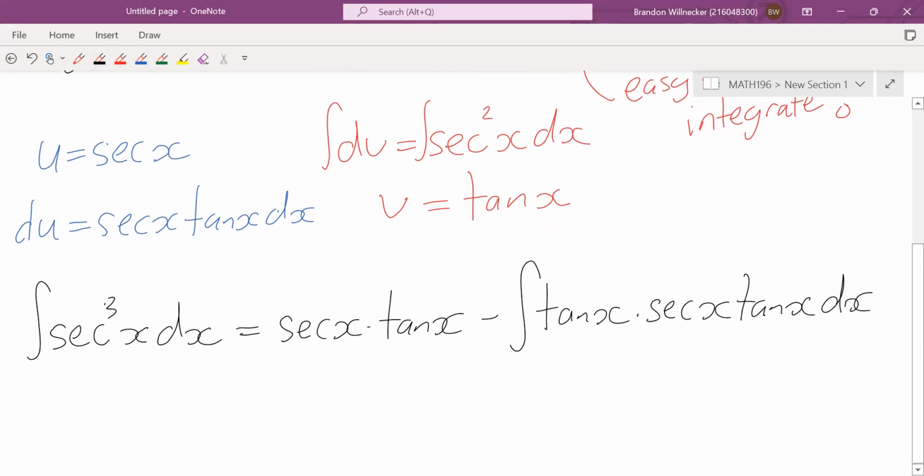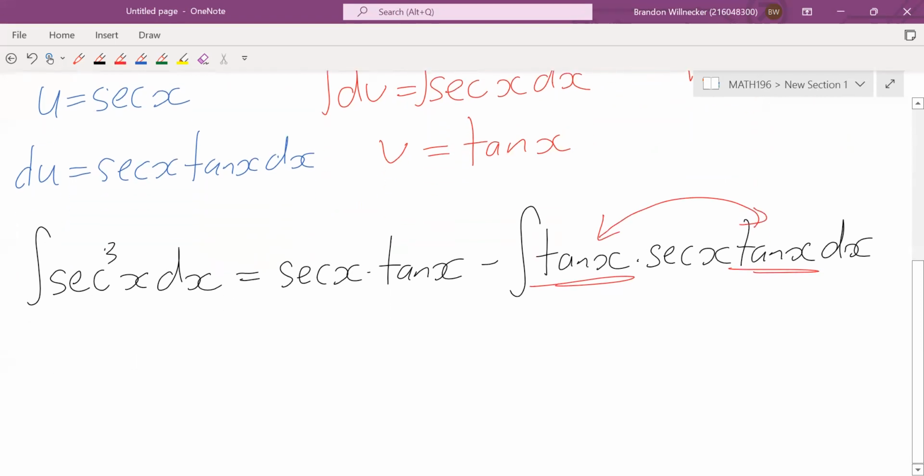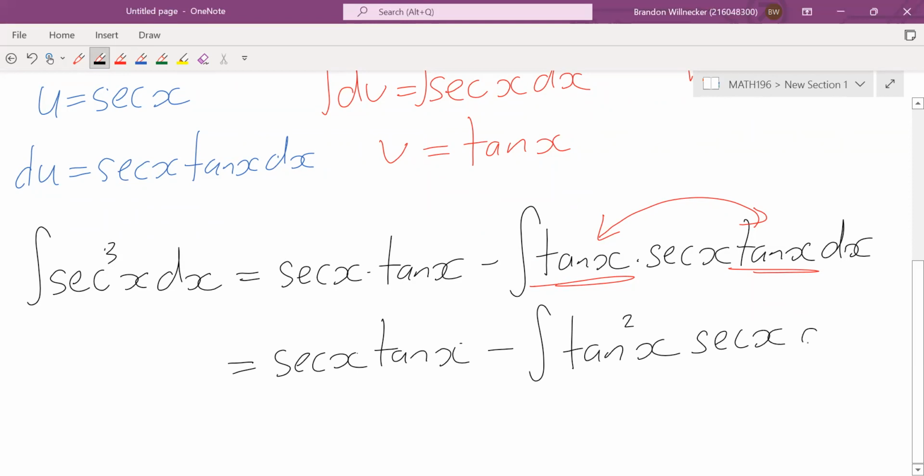But notice here for the second integral, sec x tan x, this tan x and this tan x, we can combine. So this becomes sec x tan x minus the integral of tan squared x sec x dx.